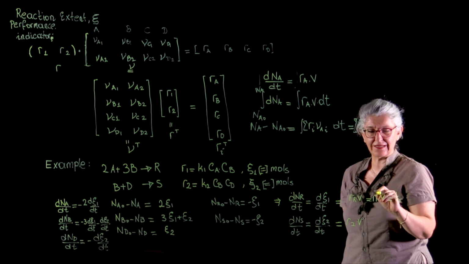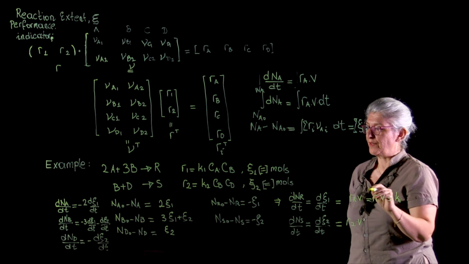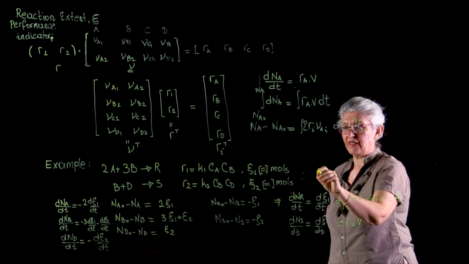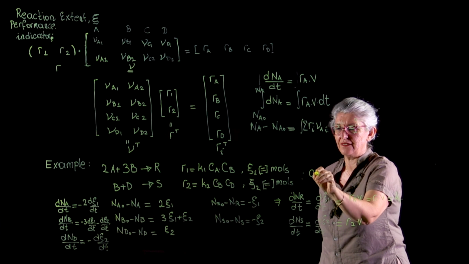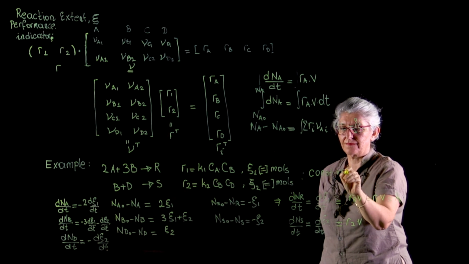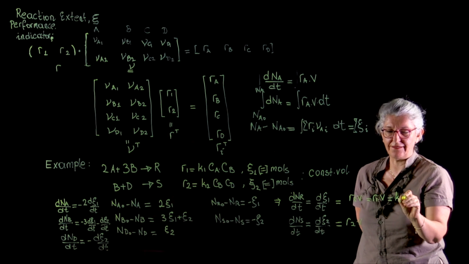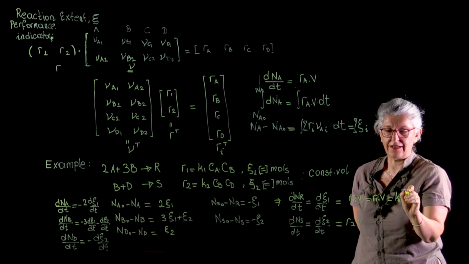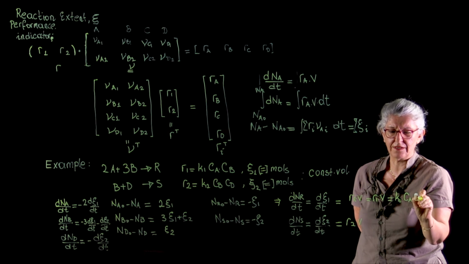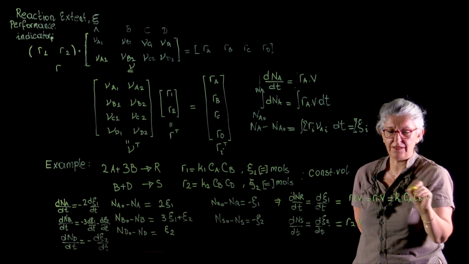Ca is Na over V. Let's make sure that we have the note here that this is a constant volume reactor. Okay, K1 Ca times Cb times V.